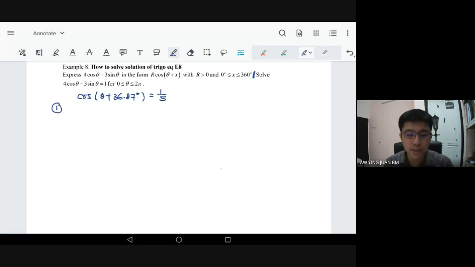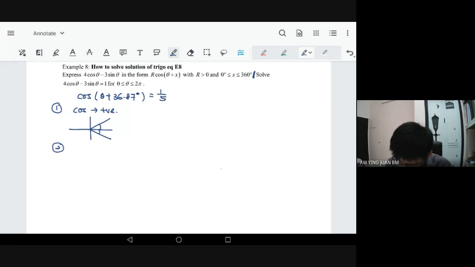observe the quadrant. So here we have cos positive. Cos positive, so first quadrant and the fourth quadrant. Second step is to identify the basic angle. So here, cos bracket 1/5.